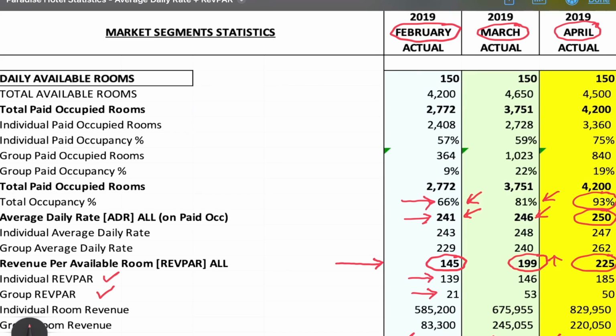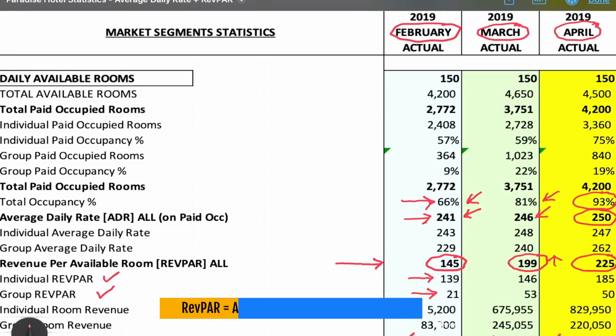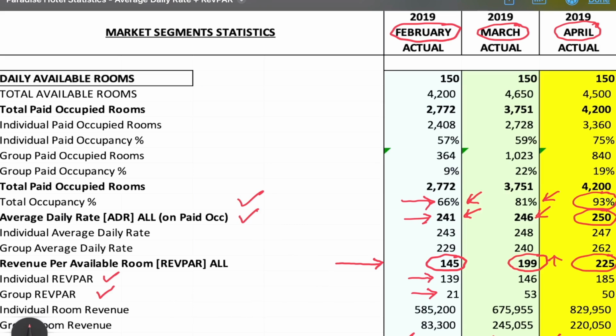Let's close by understanding how actually a RevPAR is calculated. The calculation for RevPAR is average daily rate multiplied by occupancy percentage. So what is actually happening is the RevPAR calculation uses the average daily rate to determine how much of occupancy percentage achieved that average daily rate.